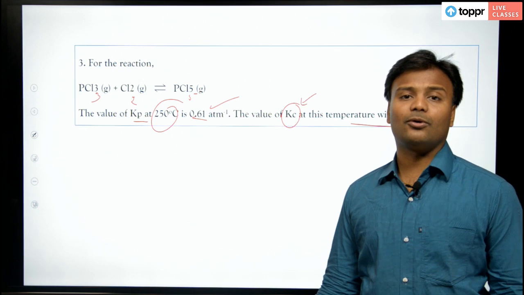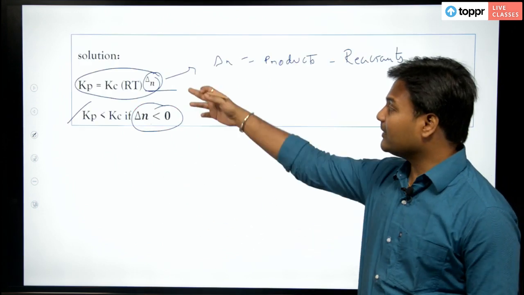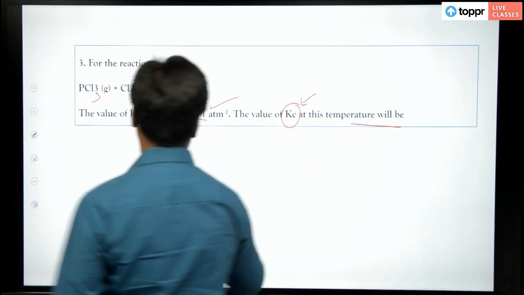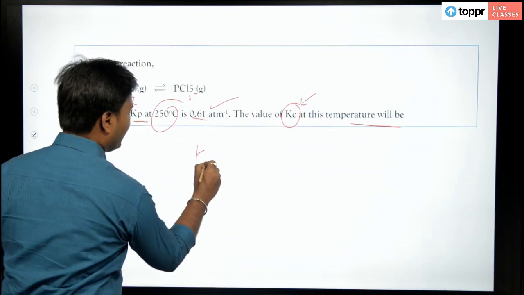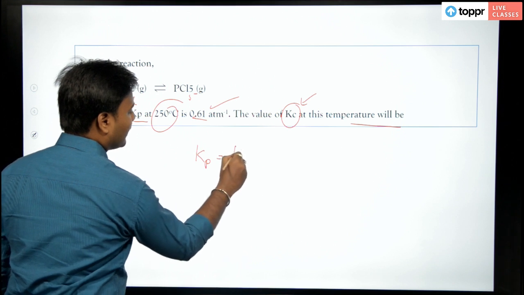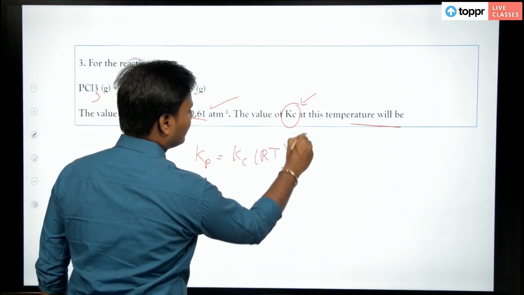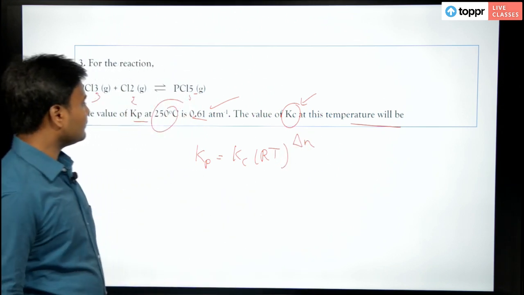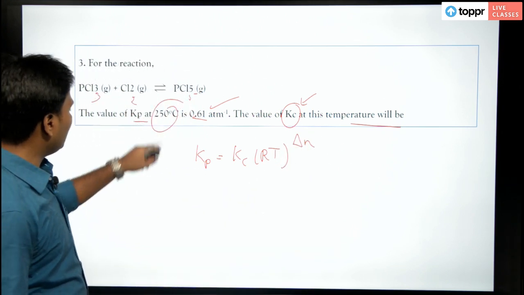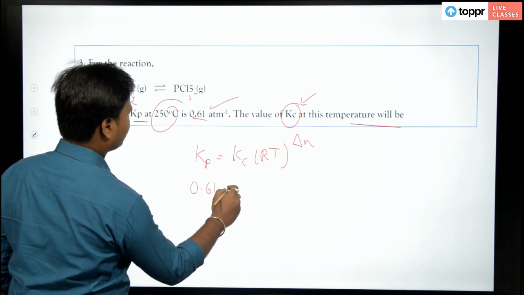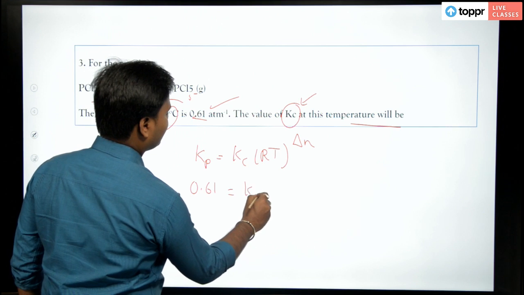So what should you know? The same as the previous, that you should know the relation between Kp and Kc. Kp equals Kc (RT) to the power delta n. So what is the Kp value? Kp equals 0.61, which is equal to Kc.